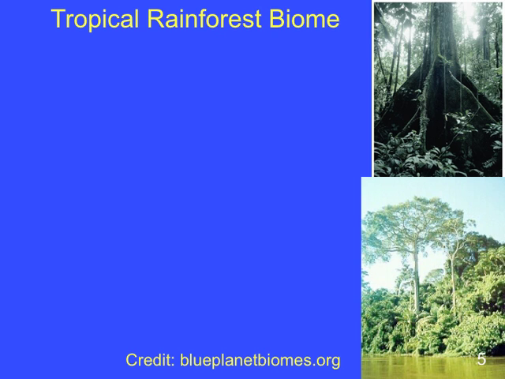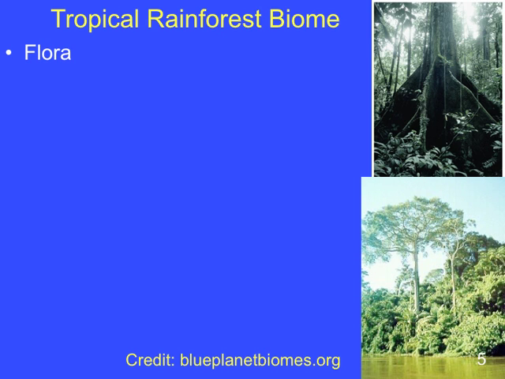So the tropical rainforest biome is known for its broadleaf evergreen forests, having, I think, 5 distinct vertical layers, from the forest floor through the shrub layer, the understory, the canopy, and then the emergent layer.